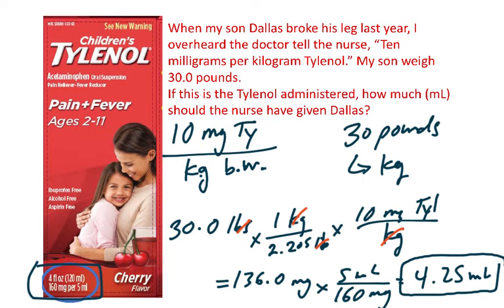And if you look on the label, I think the dosage for a child is 5 milliliters, right? So the doctor was pretty spot on with the estimation there and the prescription. So 10 milligrams per kilogram. Okay, these are going to be questions from both types of problems, so IV and also oral dosages.